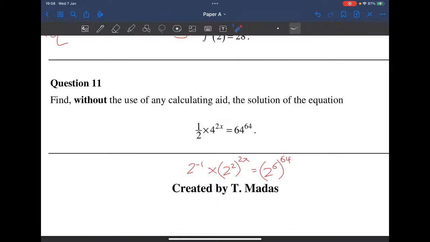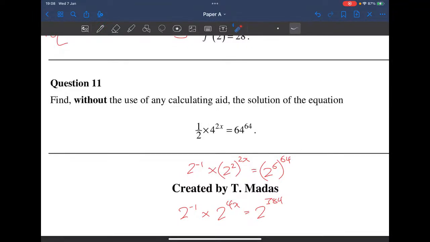Going forward then, when we have powers like this, where you've got a power inside a bracket and then it's all to another power, you just times them together. So we can write this again. This is 2 to the minus 1 times by 2 to the 4x, and that's equal to 2 to the 6 times 64. 6 times 64 is 384.